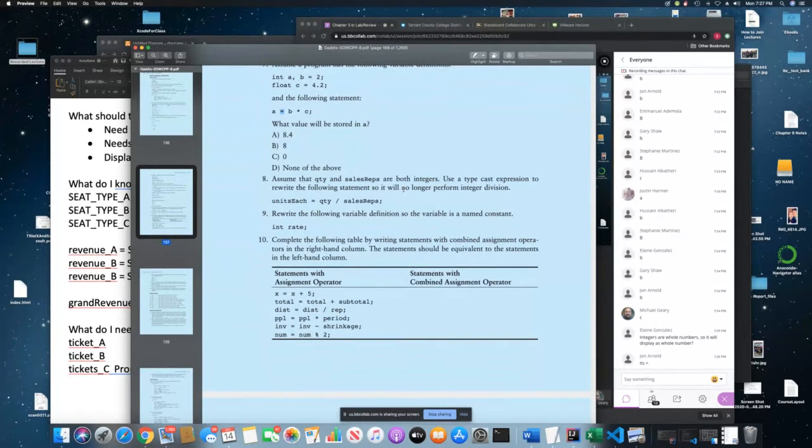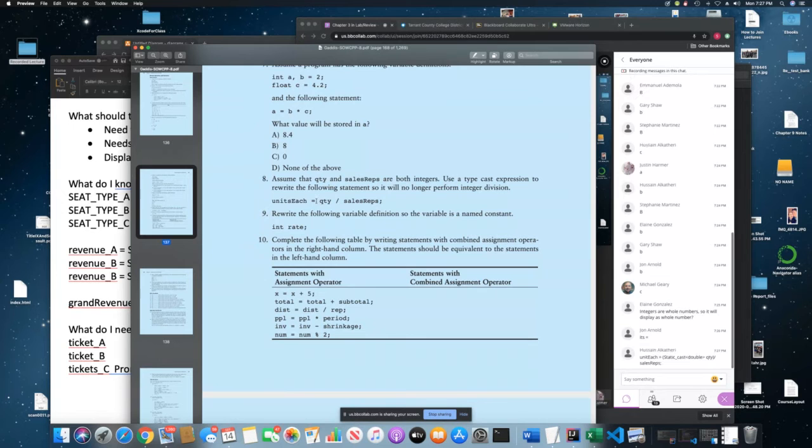How would you type that up? I'm looking at the chat to see who gets it correct. Well, quantity is an integer, sales reps is an integer. So quantity divided by sales reps is doing integer division. But we talked about casting. So how can we properly static cast that in C++?